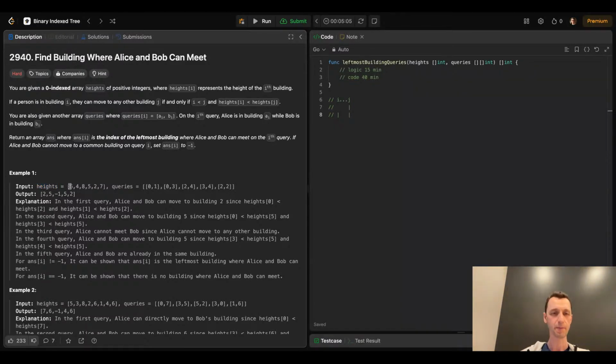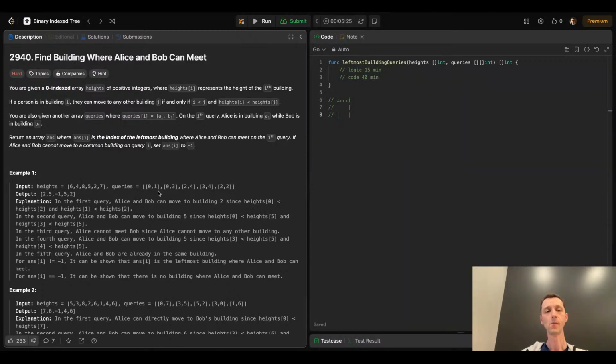So Alice is here, Bob is here, and they both can move here and meet there, because 6 is smaller than 8 and 4 is smaller than 8.